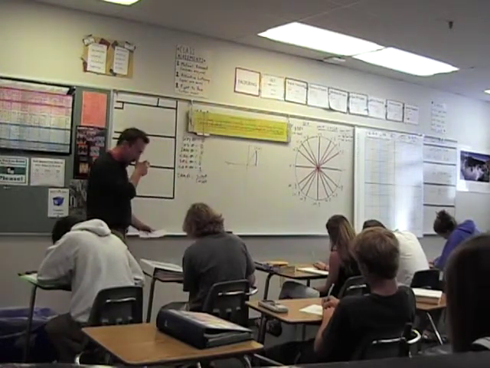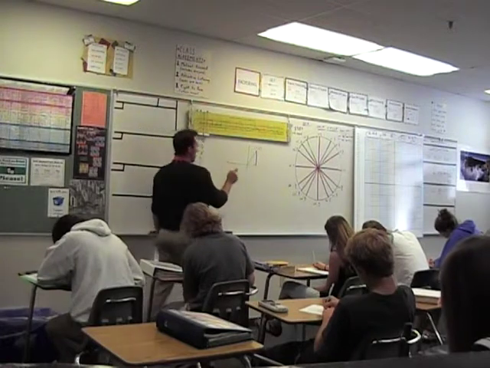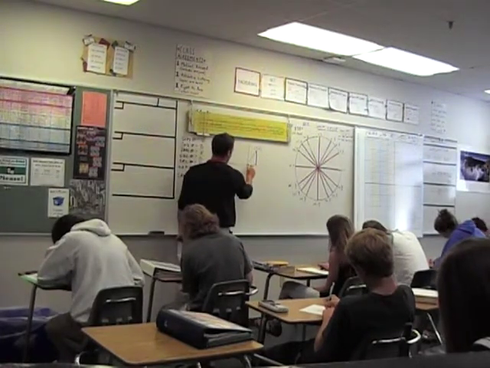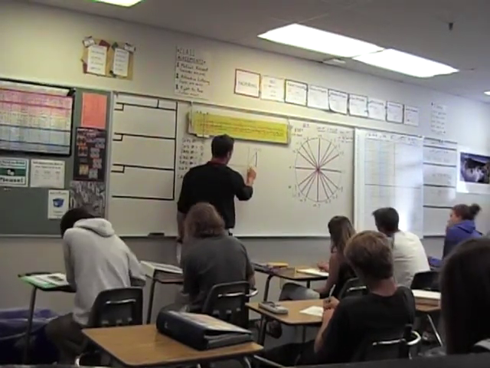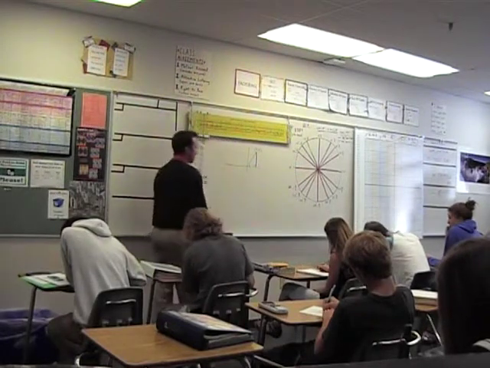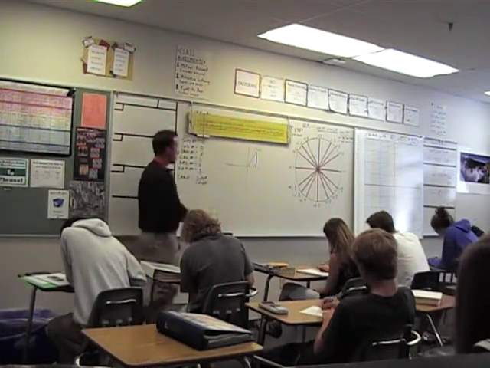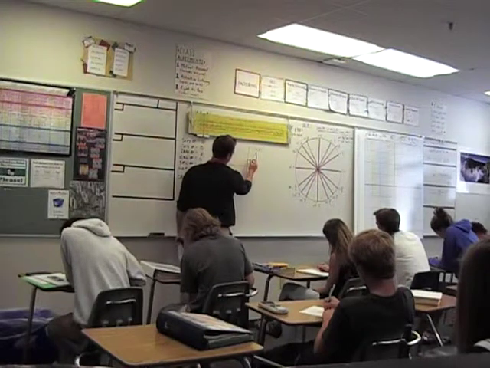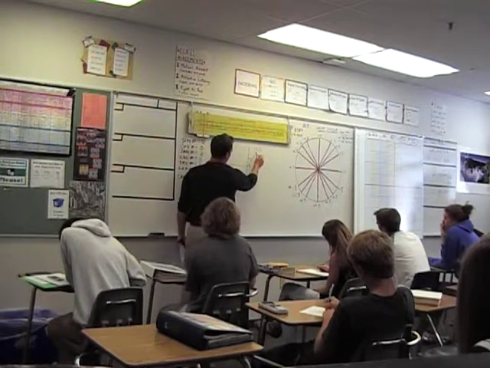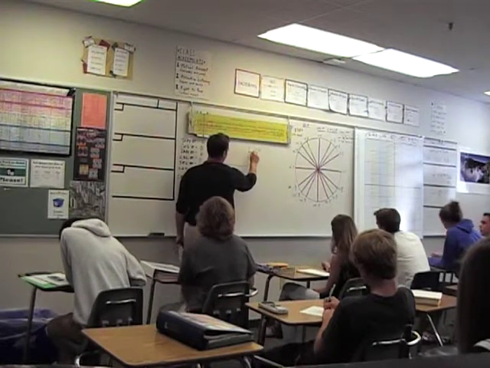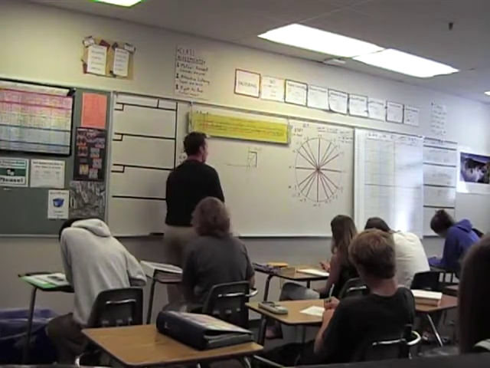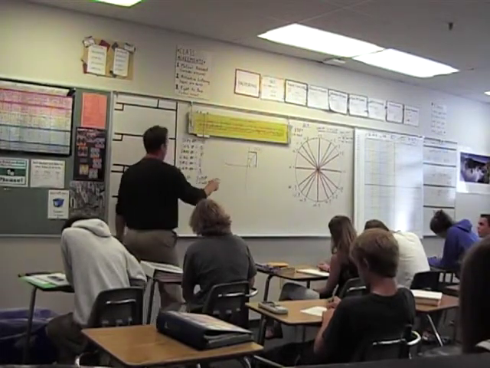That's standard. My angle of interest is always the angle that's connected to the x-axis. I'm never concerned about the angle up at the top, and I would never draw my triangle over to the y-axis. It's always down.